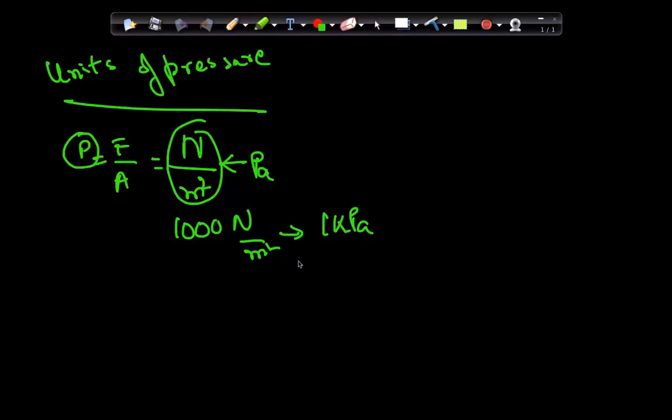No, not grams. I'm saying kilo means 1000. Kilo means 1000, right? So here 1000 Pascal is equal to 1 kilopascal. 1 kPa is equal to 1000 Newton per meter squared, which is nothing but Pascal. So 1000 Pascal is equal to 1 kilopascal.